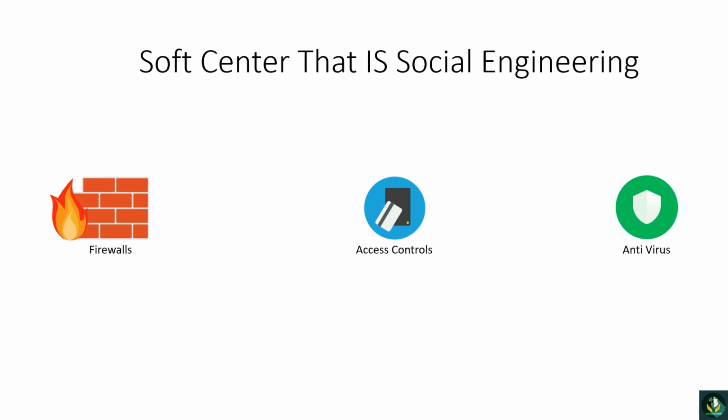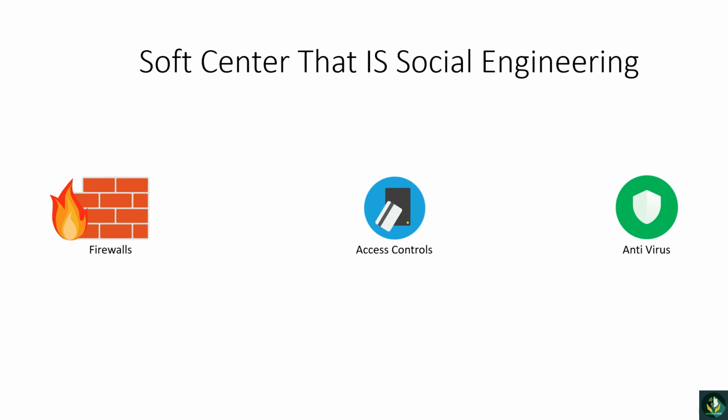But here is the thing about social engineering: behind these controls, within the hard shell, are vulnerable humans, the people who sit within the firewall and who have access to the files we would otherwise protect, and who have the ability to run software on those environments, potentially circumventing antivirus controls.